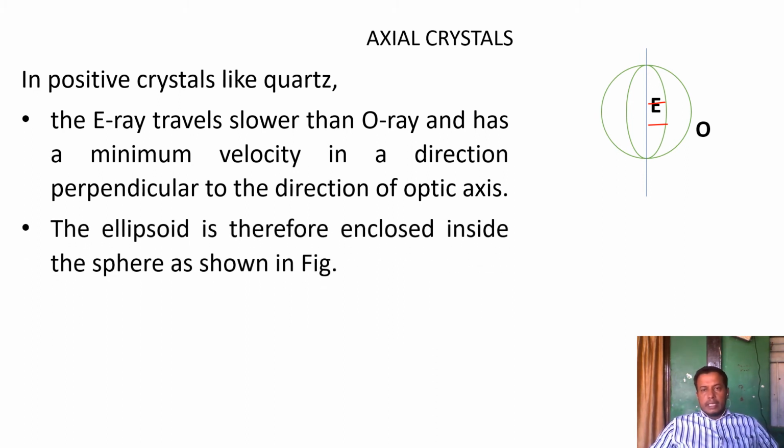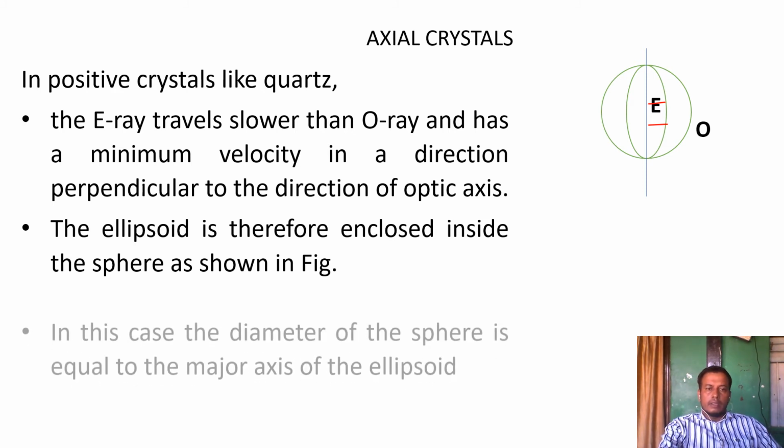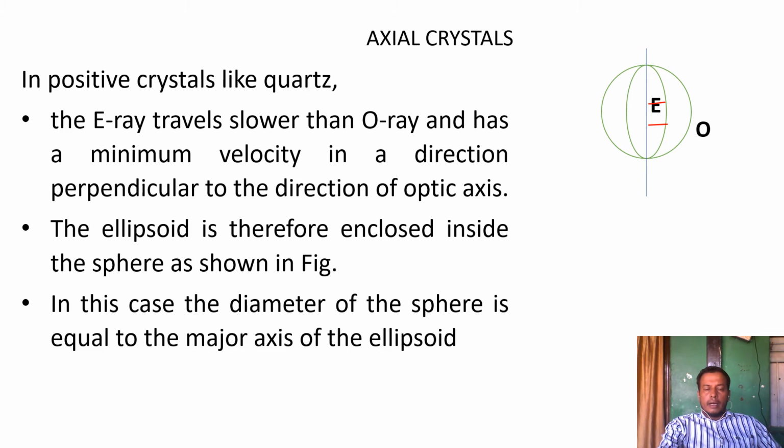That's why it follows an ellipsoid shape and is enclosed inside the sphere of the ordinary ray. Here the extraordinary and ordinary rays meet at the optic axis at the top and bottom, meaning they have the same velocity along the optic axis.